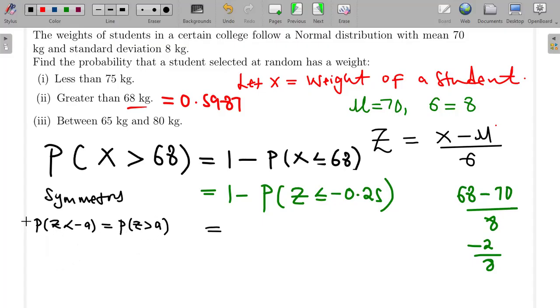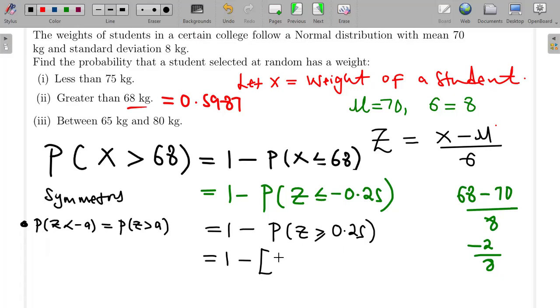We have to master this, so put this in your mind. This A here can be any number. So this here will just be 1 minus, and by symmetry, the probability that Z is greater than or equal to the positive side of this. Since I have greater than, I always have to change to less than. So this will be minus, and the complement rule applies here.